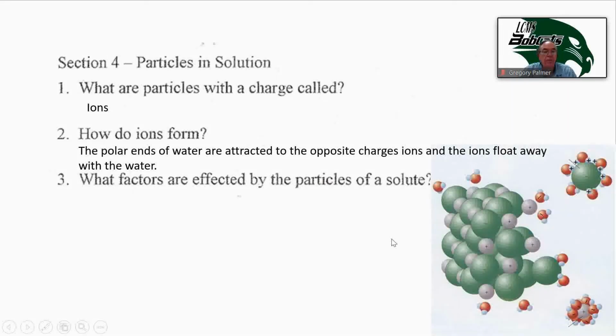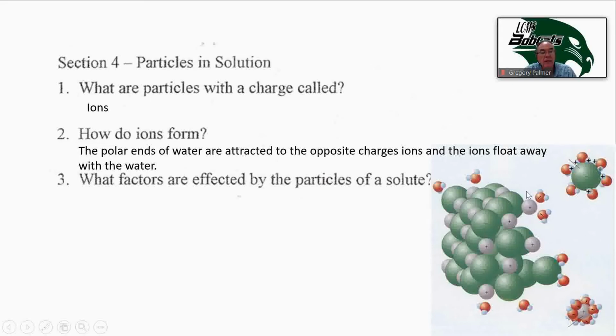So just for review, I put this picture of this salt crystal dissolving here, and the sodiums have the positive charges, they're plus, and the chlorines have the negative charges, they're negative. And you can see the red ends of the water, which is the oxygen, the negative end, are coming towards this positive sodium, and there'll be enough negative waters to cancel out this positive charge.